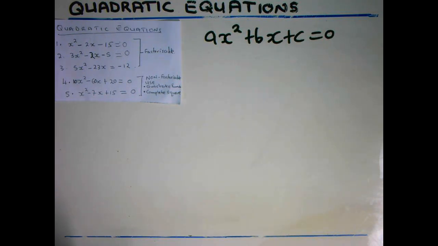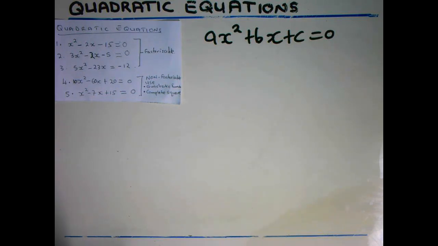I'm sure you can see here from 1 to 5, all those equations can be written in that form. And more specifically, look at equation number 3. You can actually add 12 both sides so that you have 5x squared minus 23x plus 12 is equal to 0. Now, I want you to appreciate that a quadratic equation is a special polynomial with a degree equal to 2.